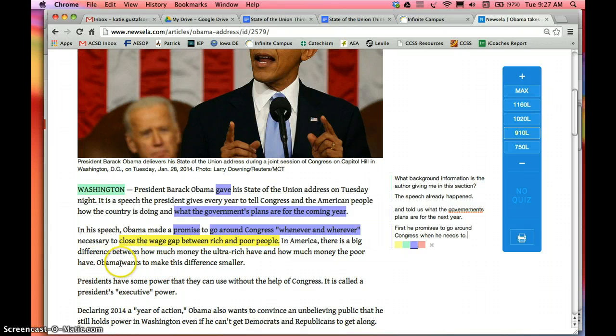This makes me think he's going to do something to make this difference smaller between the people who have a lot of money and the people who don't. That is his first promise.